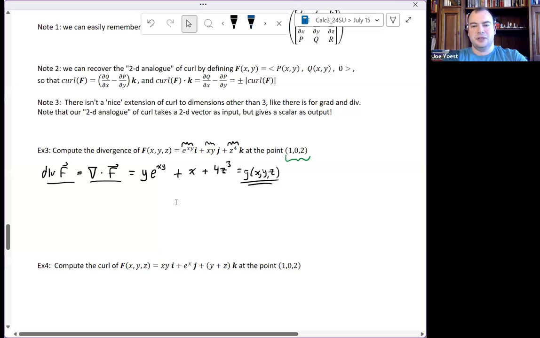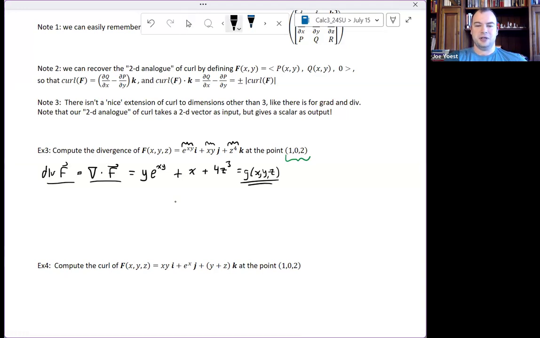So our simple examples before were just simple examples, and these ideas are in general local properties. So the divergence of f is this function of x, y, z, and the divergence of f evaluated at 1, 0, 2 is what?